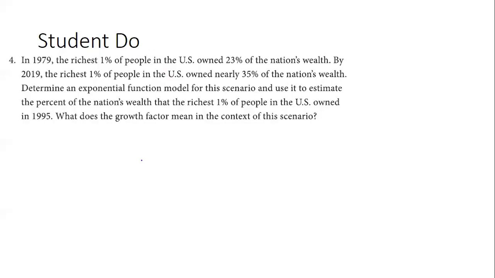So when we looked at the information, we had 1979 was 23%, 2019 was 35%. It wants us to create an exponential function model, and it wants us to find out 1995, right? So 1979 is going to be my 0. Agreed?